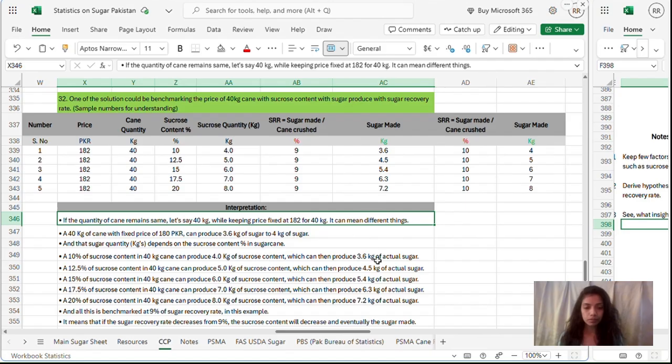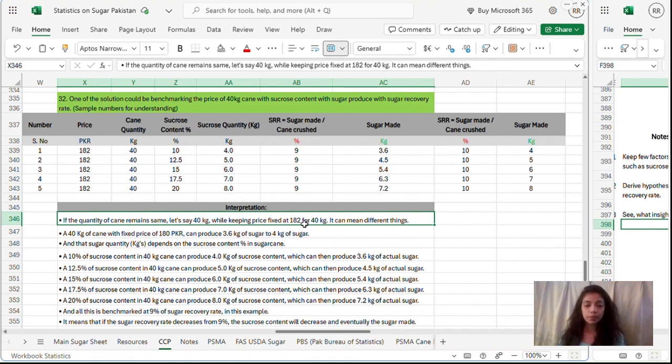So starting here, it says interpretation. If the quantity of cane remains the same, let's say 40 kg, while keeping the price fixed at 180 for 40 kg, it can mean different things. Now, this is just a simple sentence.